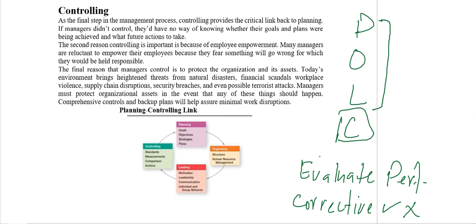So in order to do this, first of all we have to measure employees' performance. We measure employees' performance, then we evaluate with goals, and then we decide if the performance is not good, then we have to take corrective actions. If the performance is good and okay, then we do not need to take any corrective action.